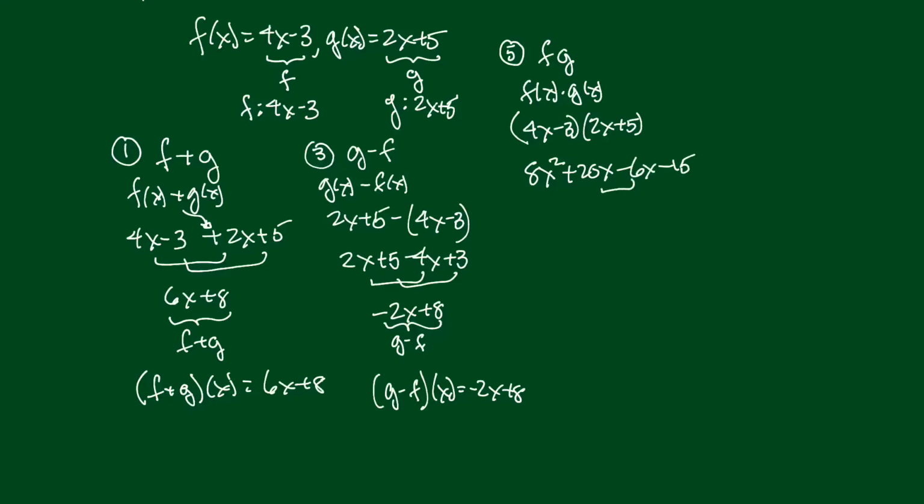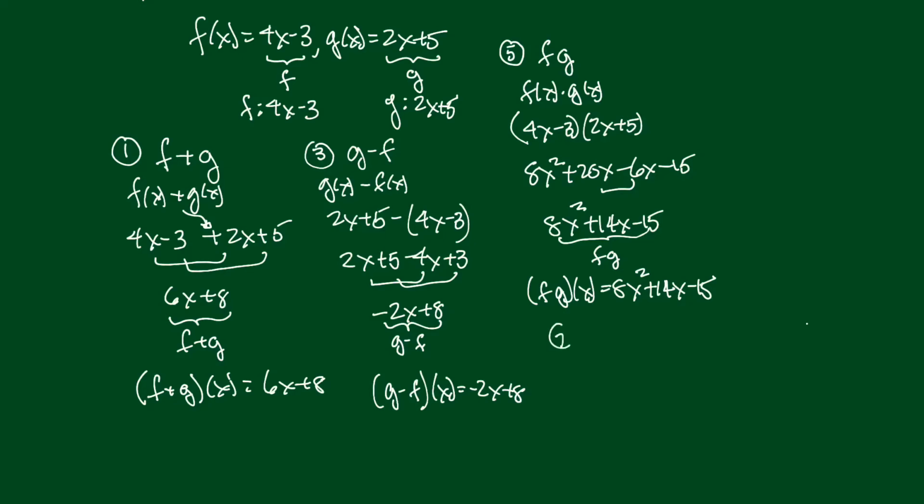We'll combine those two, getting 8x squared plus 14x minus 15. So the name of that rule is fg, or I might name it like this: fg of x equals 8x squared plus 14x minus 15.